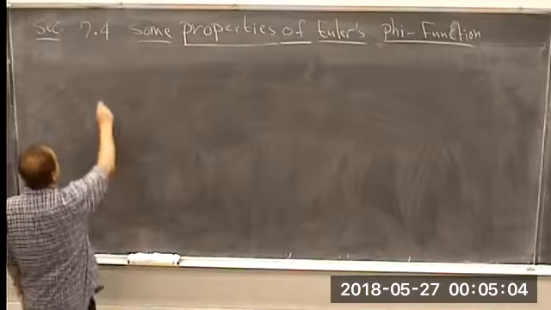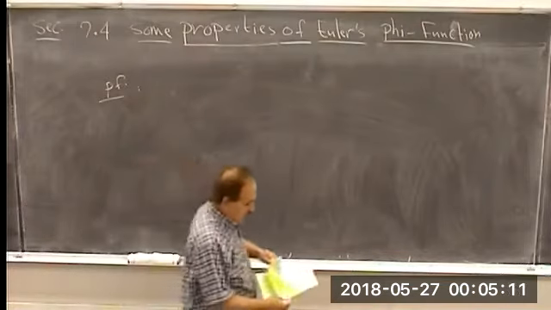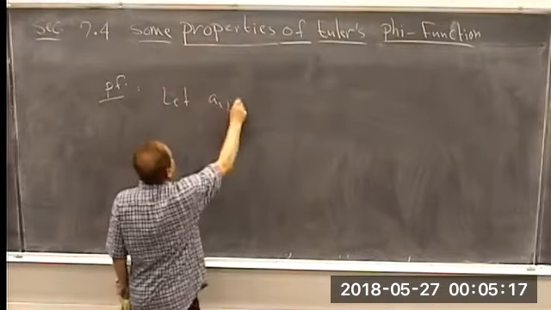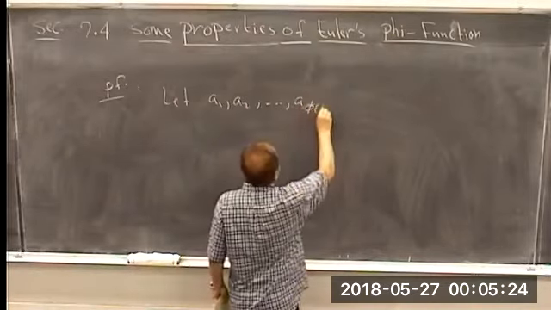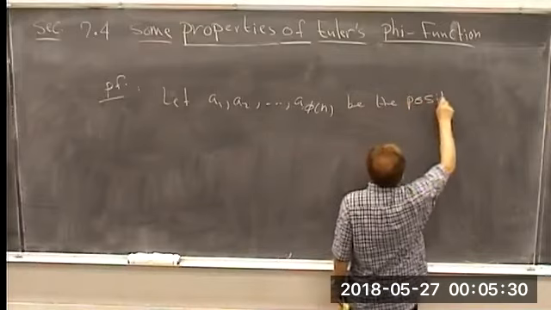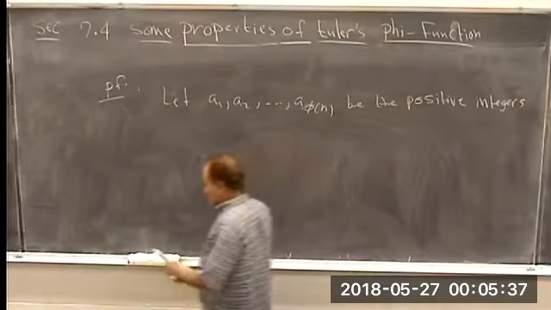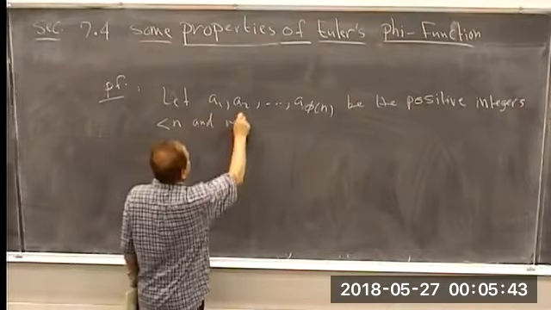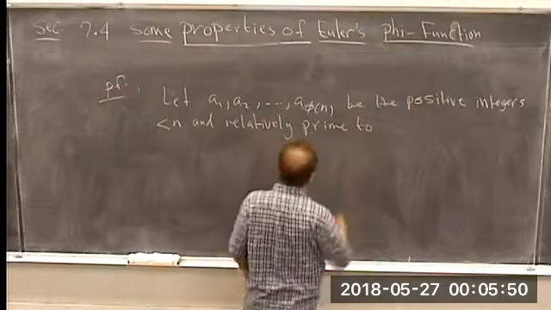All right? So here is the proof in general. Let A1, A2 up to A sub phi of n be the positive integers less than n and relatively prime to n.